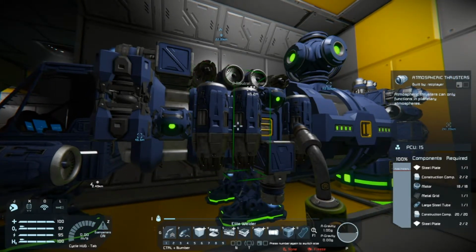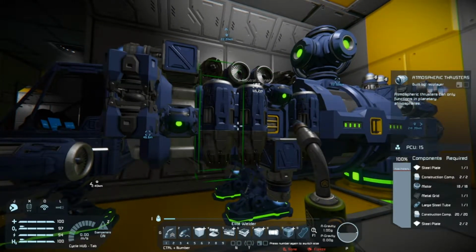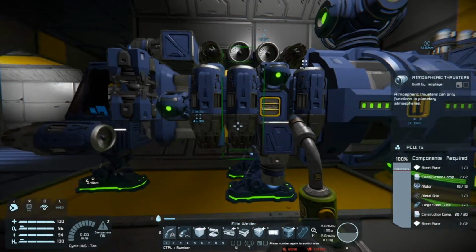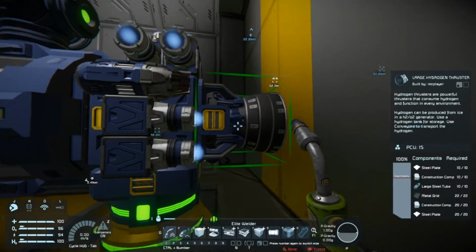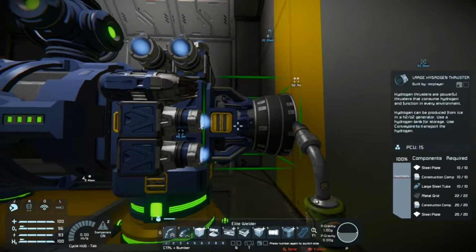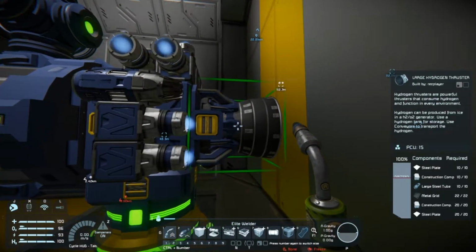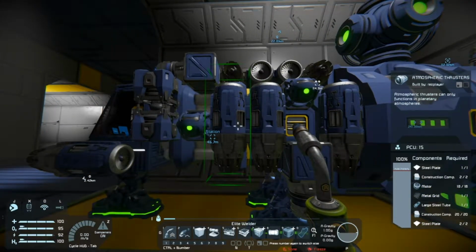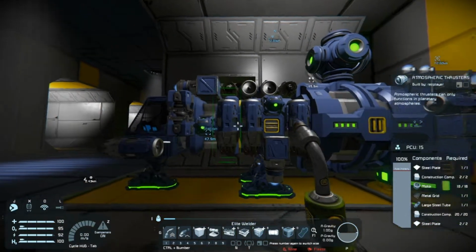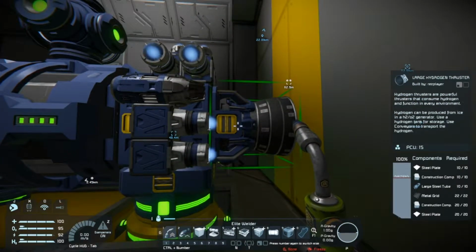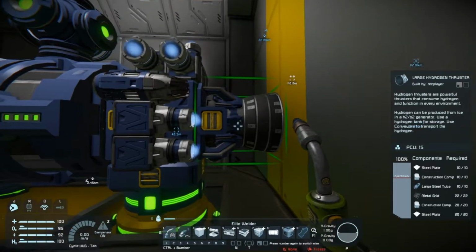But while your atmospheric thrusters will flame out once you reach a certain altitude on a planet, your hydrogen thrusters work both in space, on the planet, as well as in that transitional period between when your atmospheric thrusters no longer work, but you're still in the gravity well of a planet or moon.